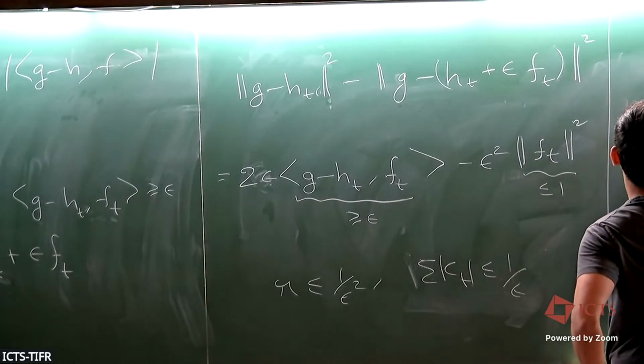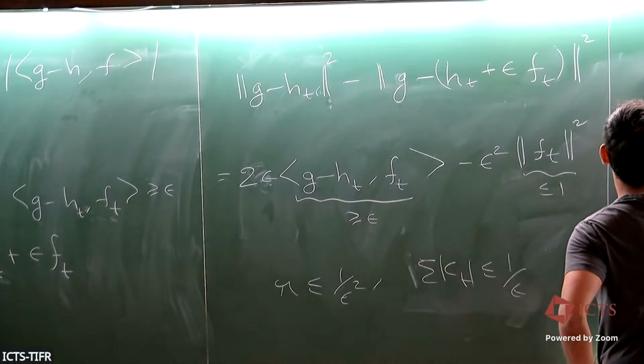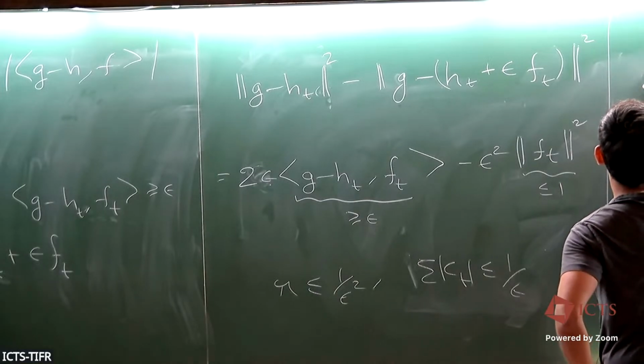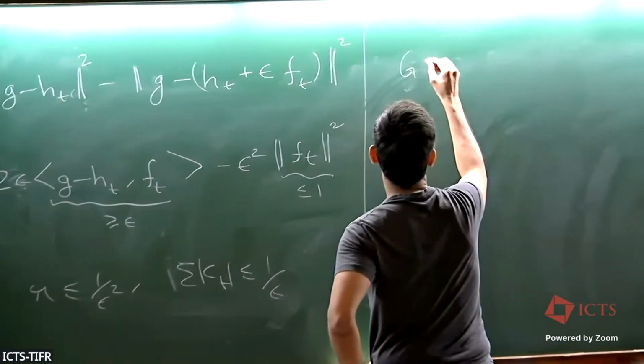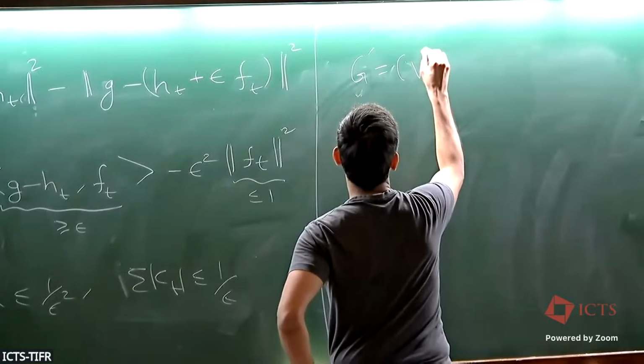some graph. Some arbitrary graph, not necessarily our regular expander, but some arbitrary graph. Let me call it G prime.